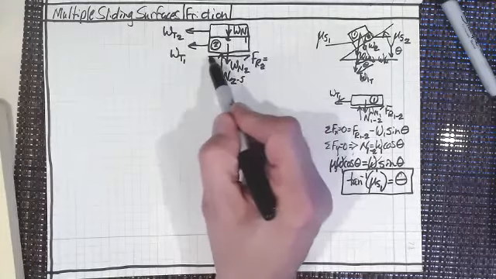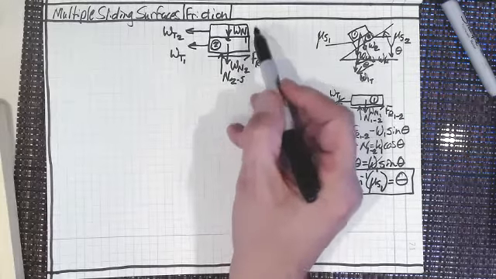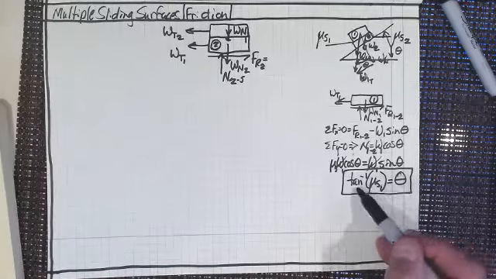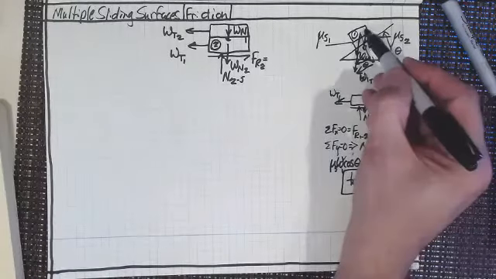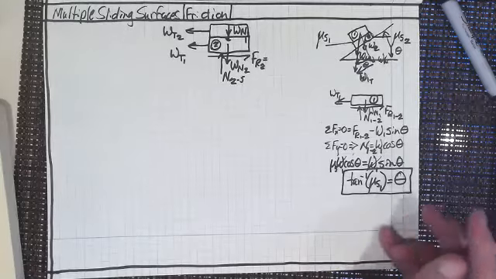So what I really want to find out is, is this moving relative to this? And we found out what the criteria is for this to move relative to this, right? So that's going to be theta equals the inverse tangent of mu sub S1.